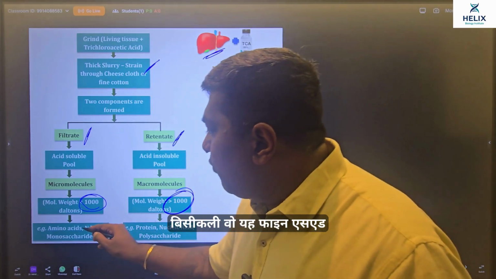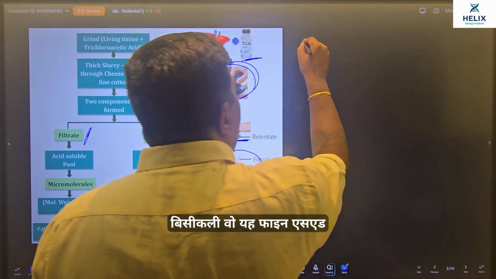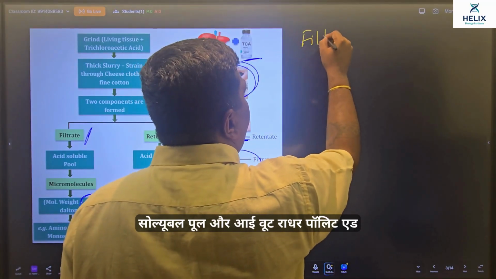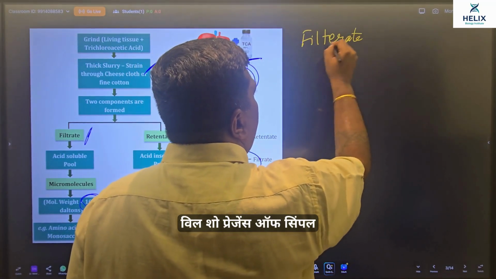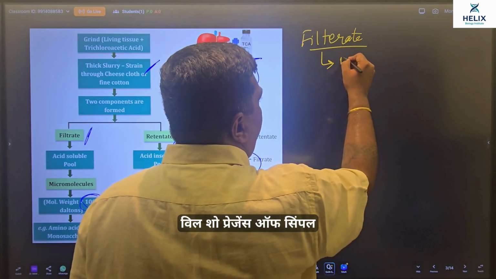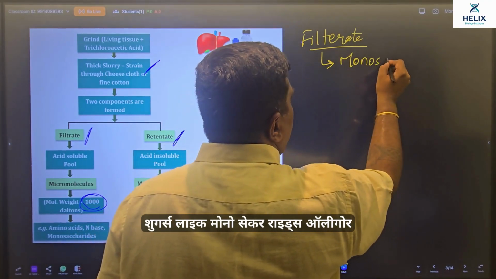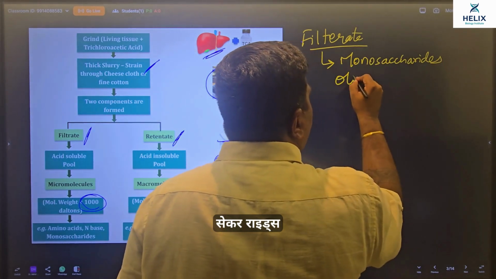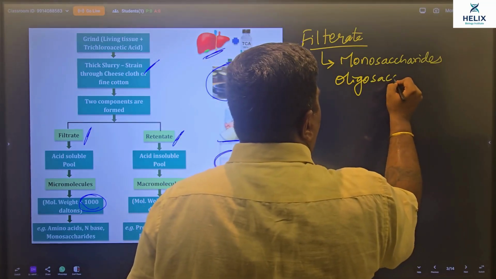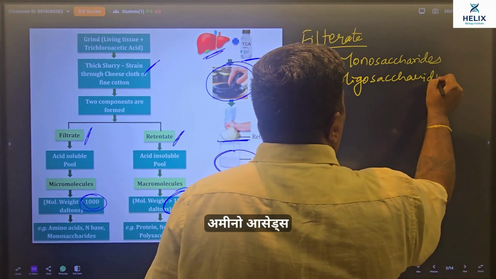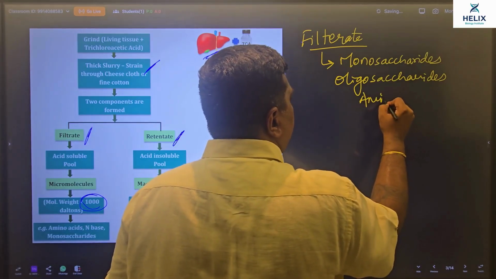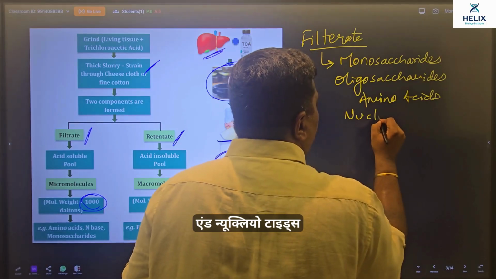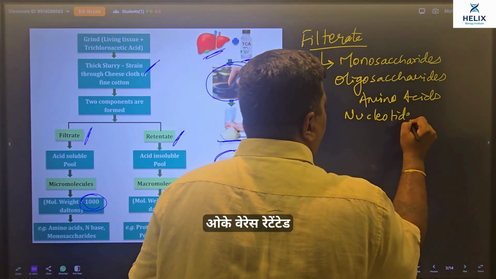So basically, the acid soluble pool, or the filtrate, will show the presence of simple sugars like monosaccharides, oligosaccharides, amino acids, and nucleotides.